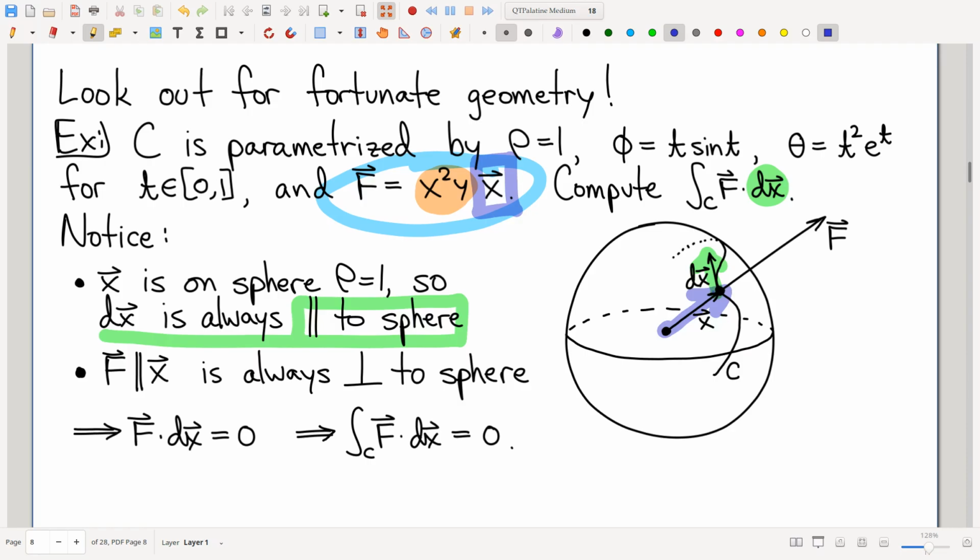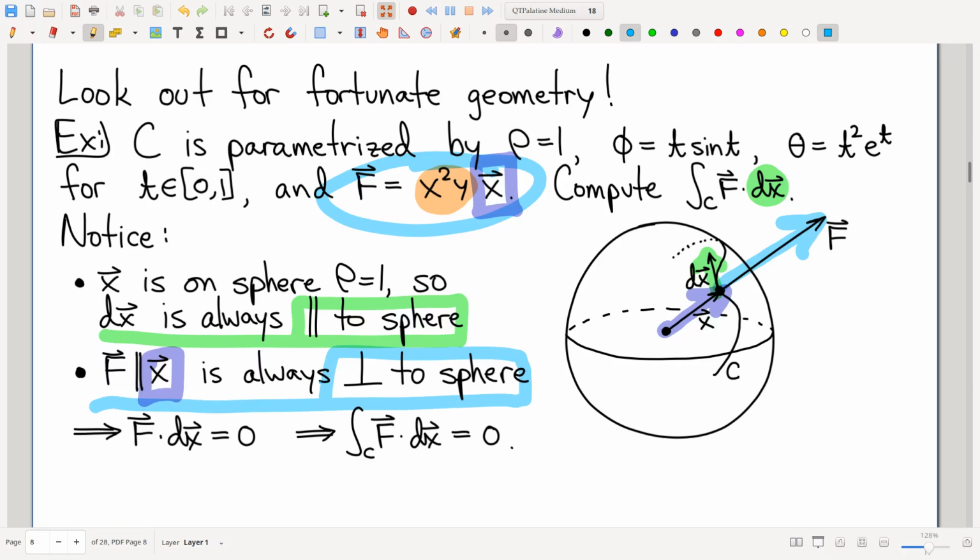If you're on the surface of the Earth, on a nice flat spot, if you dig down, namely towards the center, you are also digging perpendicular to the surface. Well, if x is always perpendicular to the sphere, then that means that the field vector is also perpendicular to the sphere.